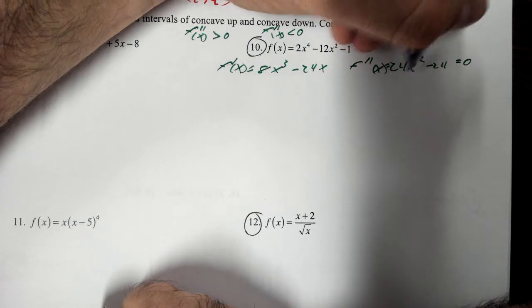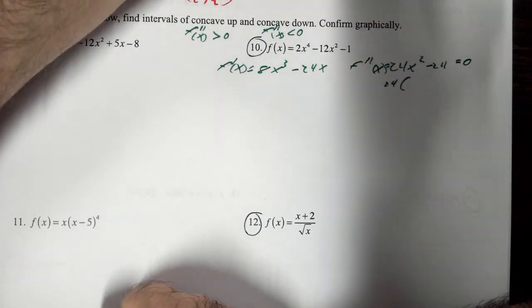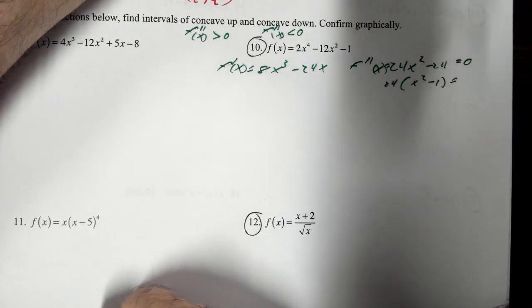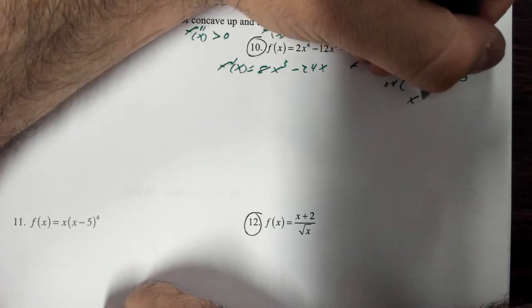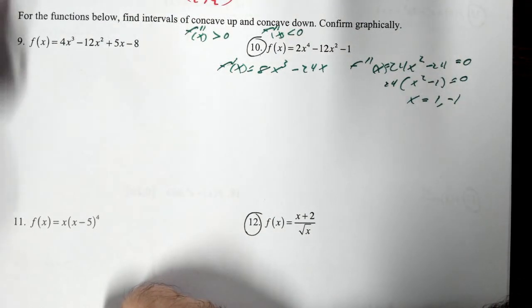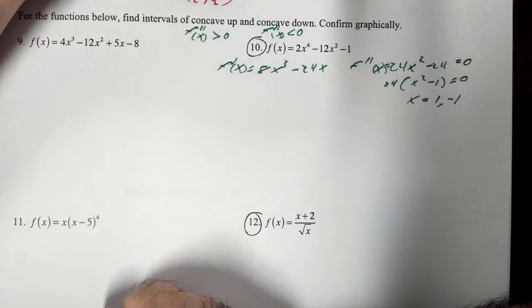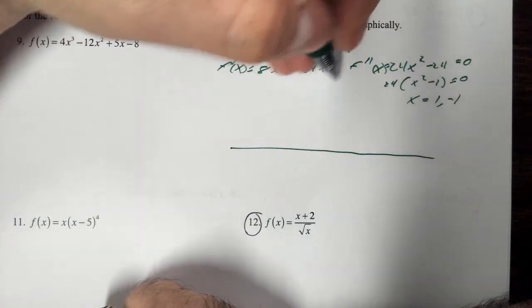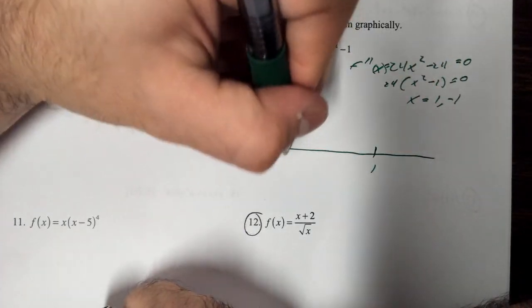Well, if I factor out 24, we're left with x squared minus 1. So that will equal 0 at x equaling 1 or negative 1. So those are critical values of the second derivative, and they may be points of inflection.